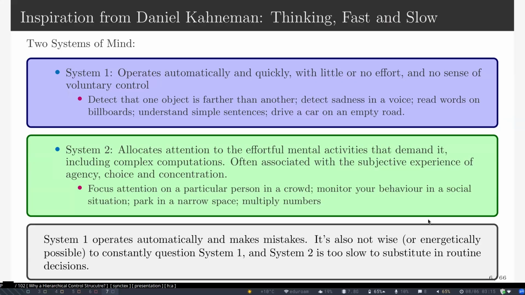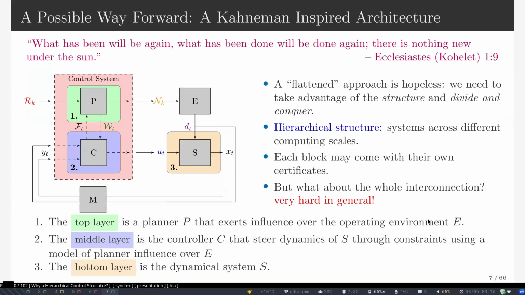The role of the second system is just to make sure that system one is not always in charge of making all sorts of decisions, potentially really bad ones. Okay. So there's nothing new under the sun. It's another depressing thing by allegedly Solomon, who knows?